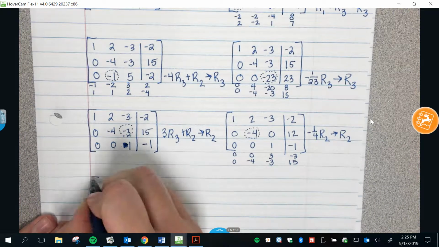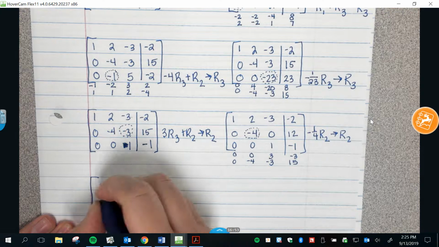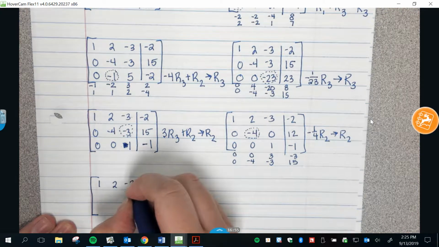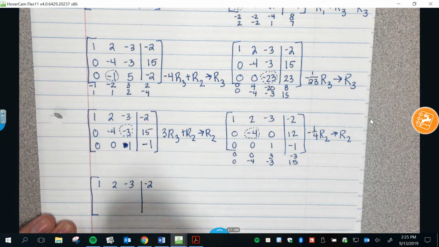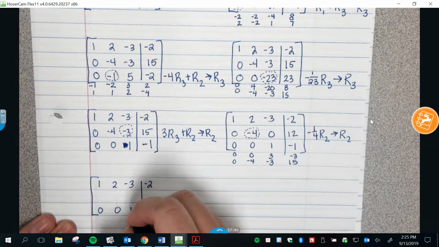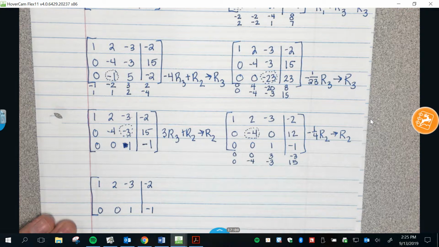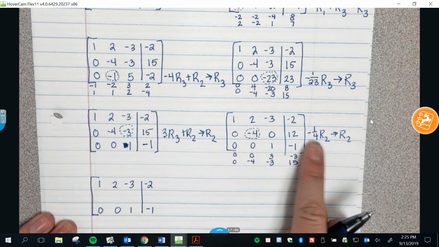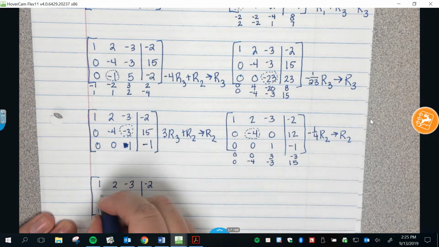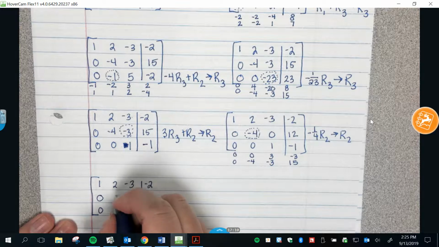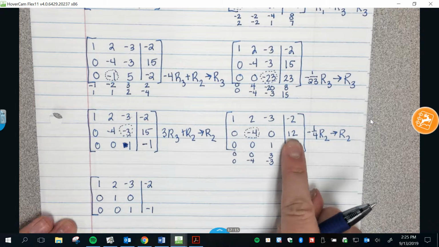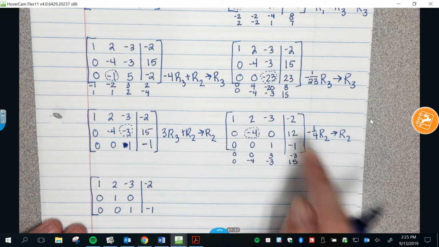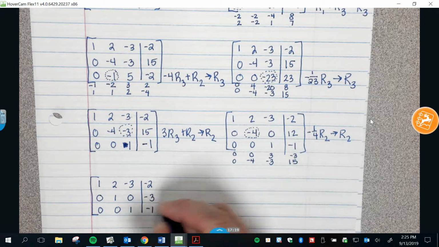Okay, so down here, I'm not changing row 1. I'm about to, though. It's getting there. I'm not changing row 3. I'm done with row 3. I'm never going to change it. Okay, negative 1/4 times row 2. So negative 1/4 times 0 is 0. That'll be 1, 0. Negative 1/4 times 12 is negative 3, right?